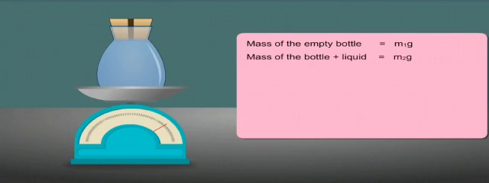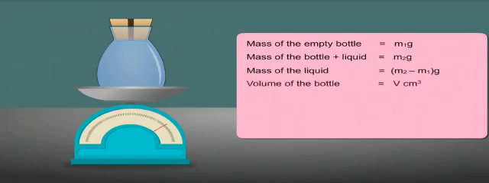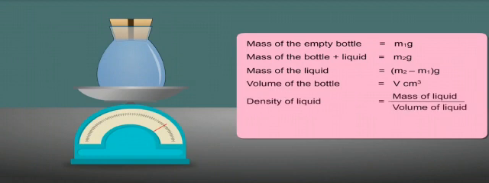So, we can calculate the mass of the liquid as m2 minus m1 gram. We know the volume of the bottle, that is V centimeter cube. Putting the values in the formula of the density, the density of the liquid becomes m2 minus m1 gram upon V gram per centimeter cube.